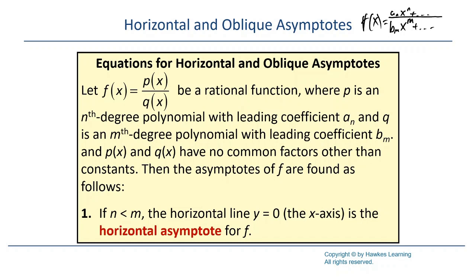So if n is less than m, which means the denominator has a larger exponent, then y equals 0 will be your horizontal asymptote.